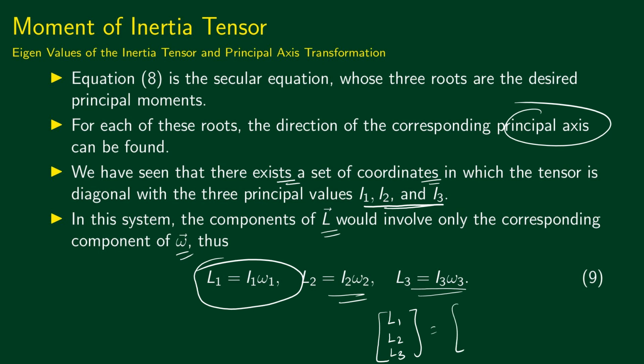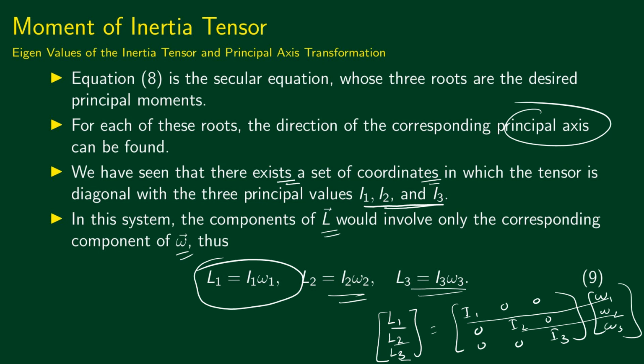Now in this coordinate system, if you choose the principal axis as your basis vectors, then the moment of inertia tensor is diagonal. So we can write this as the matrix I1 0 0, 0 I2 0, 0 0 I3, and then here we have omega 1, omega 2, omega 3. We see that L1 is equal to I1 omega 1, L2 is equal to I2 omega 2, and L3 is equal to I3 omega 3.